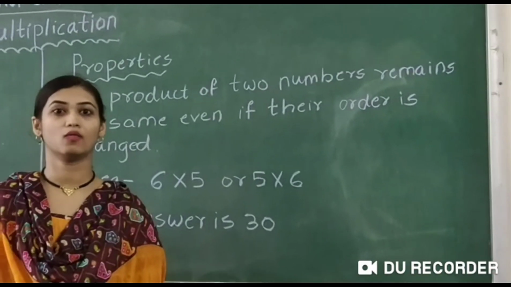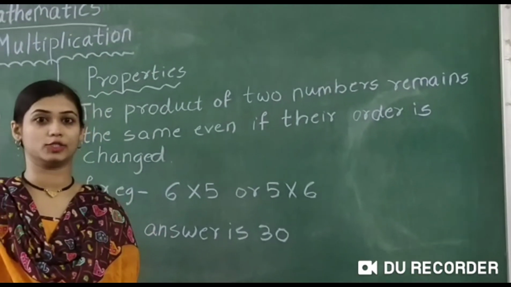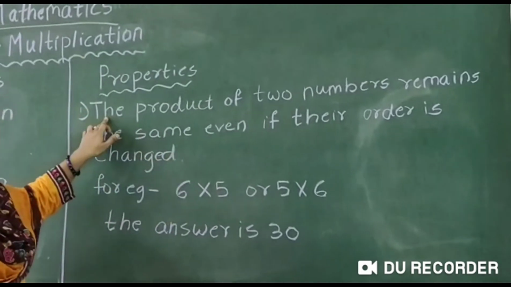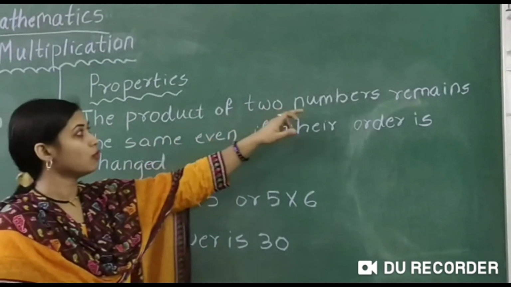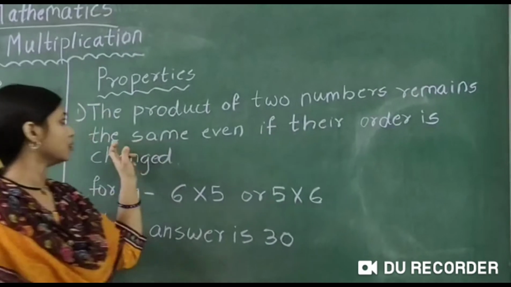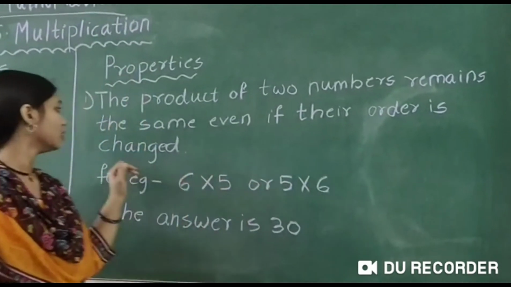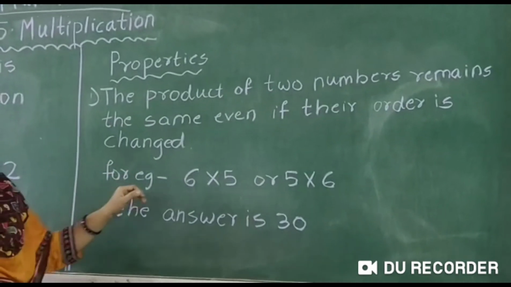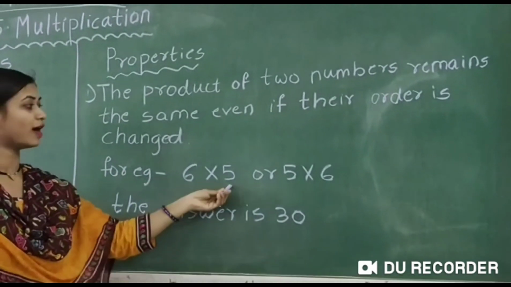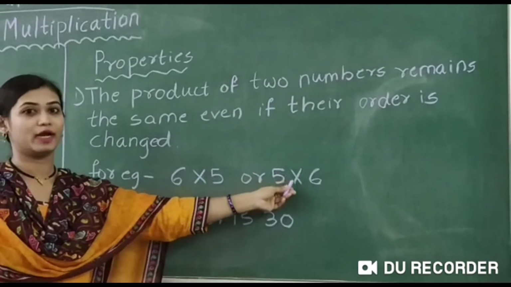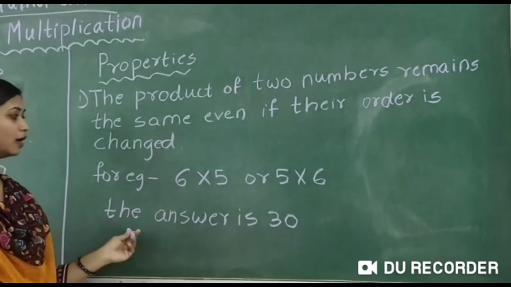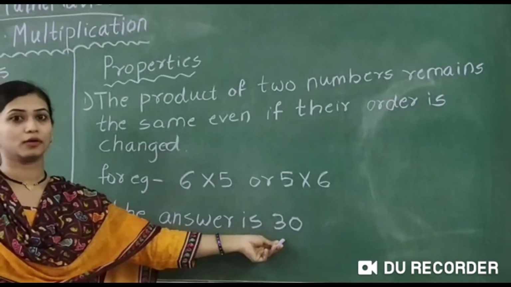Now, let us see what are the properties of multiplication. The product of two numbers remains the same even if their order is changed. For example, 6 multiplied by 5 or 5 multiplied by 6. The answer is 30.